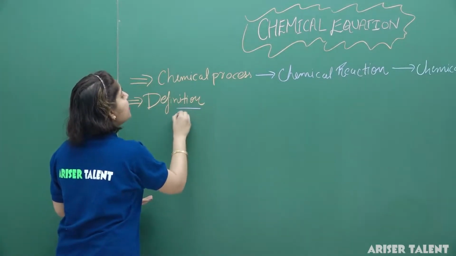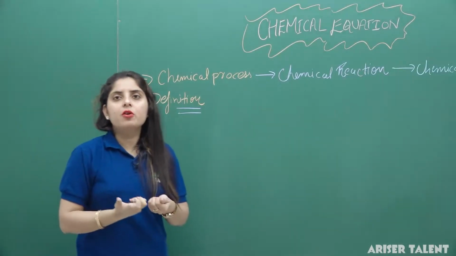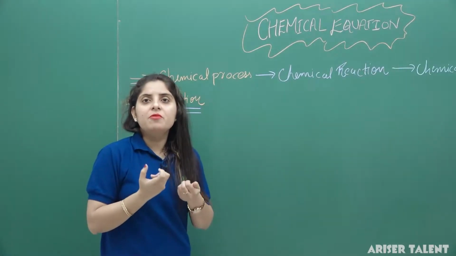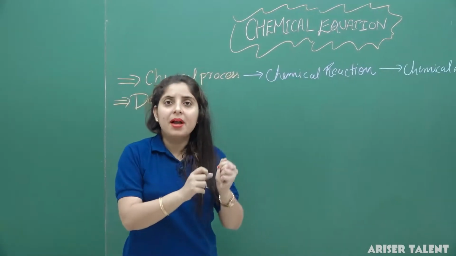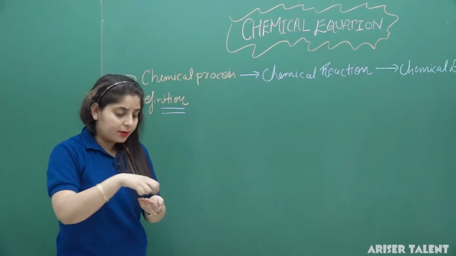A chemical equation is basically a combination of the symbols of the elements in which particular reactants combine to give a particular type of product.